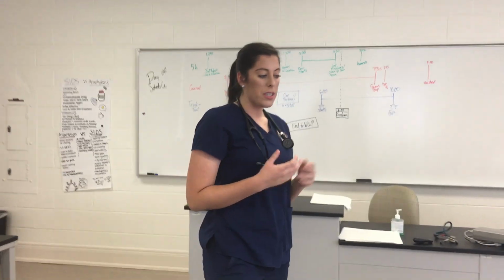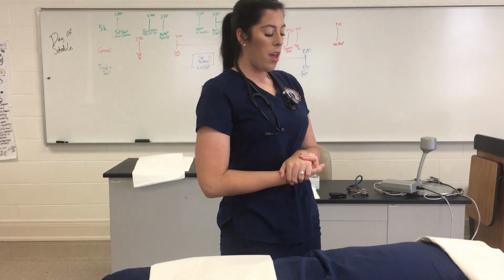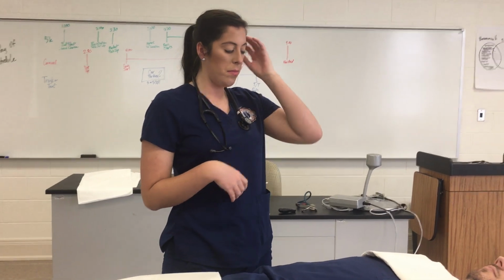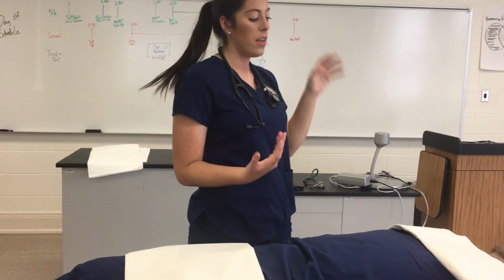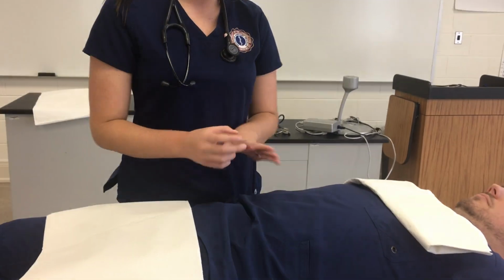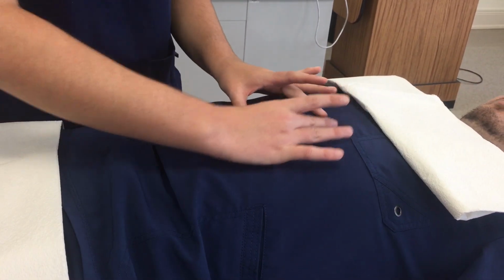So after that, we're just going to check for a few random things. If the patient came in and they had a swollen abdomen, that could be indicative of ascites, so just the abdomen filled with fluid. Normally while percussing, it would be dull in this area and more tympanic in this area.